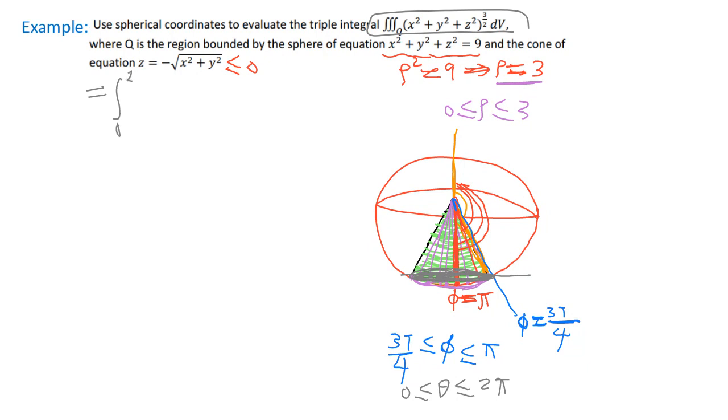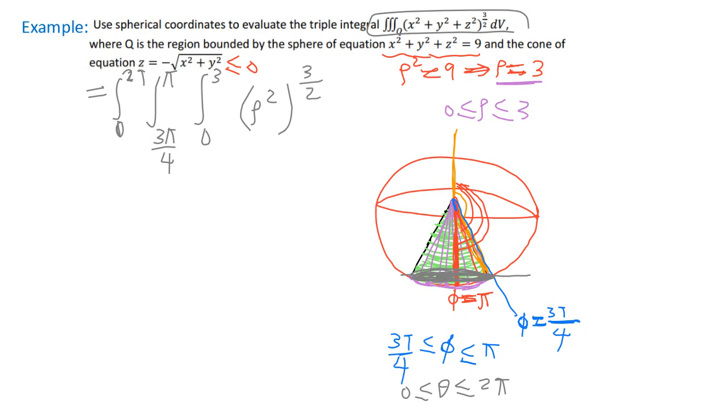So from 0 to 2 pi, from 3 pi over 4 to pi, from 0 to 3, x squared plus y squared plus z squared, this is rho squared to the power 3 over 2.